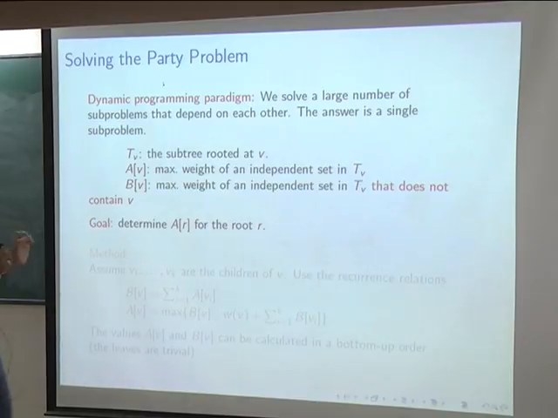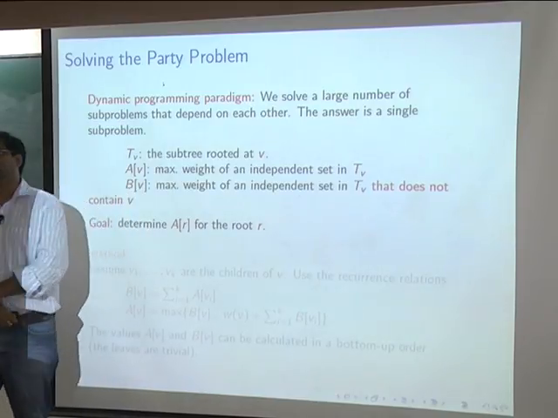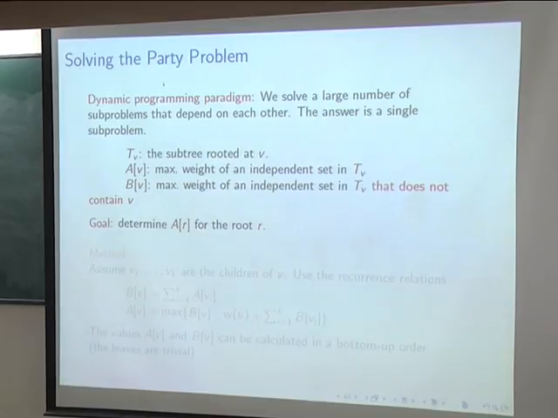Do I ever say in my A_V that it has to include V? I just say that it is the maximum weight independent set in T_V. No, I have not missed it. So then B is subsumed in A, right? But you need this as a helper function for filling in the table. You will see why in a minute. Exactly. This is it.